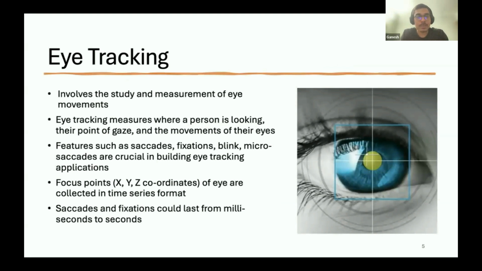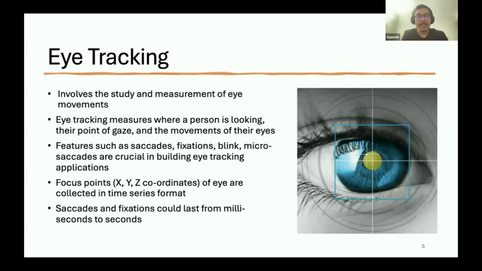So let's first talk about eye tracking. Eye tracking is the study of measuring eye movements. It studies features such as saccades, fixations, and microsaccades, and these features are collected as XYZ coordinates of eye position.